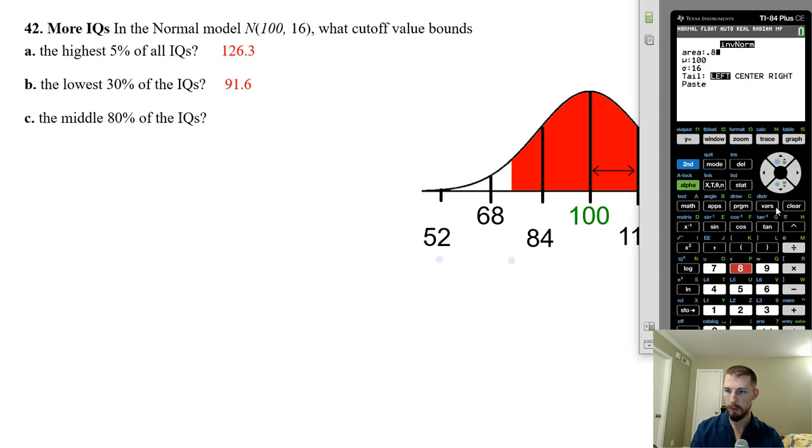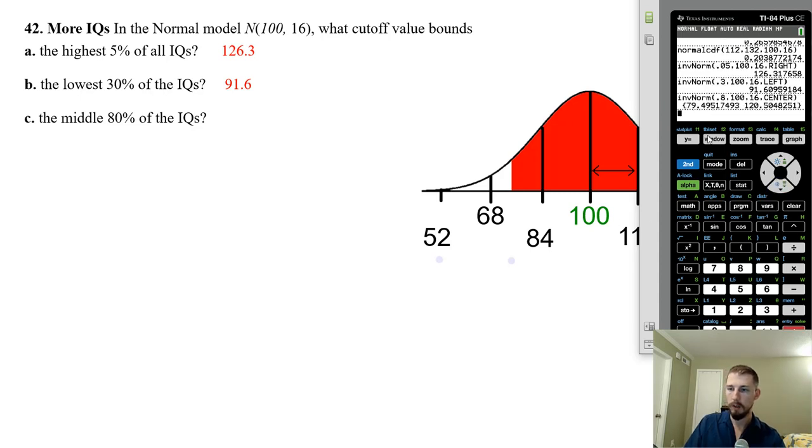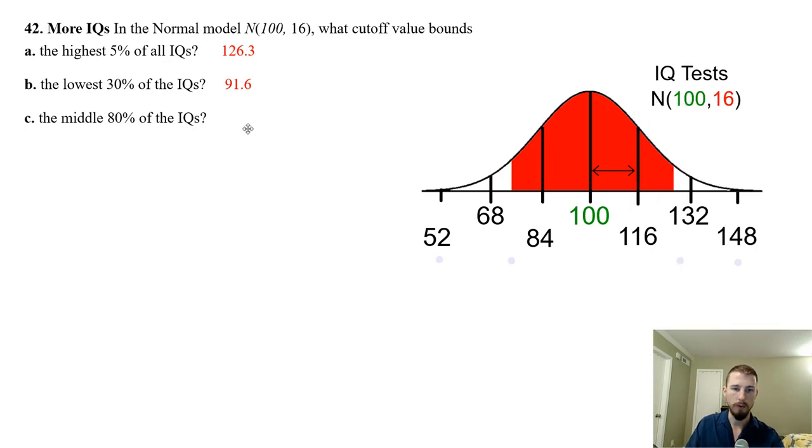We're going to do 80% for our area, and we're just going to change it, of course, to measuring from the center. And that's going to give us our bounds from the left to the right. So that's going to be anywhere from 79.5 to 120.5. So if you have an IQ score of 79.5 to 120.5, then you're in the middle 80% of all IQ scores.